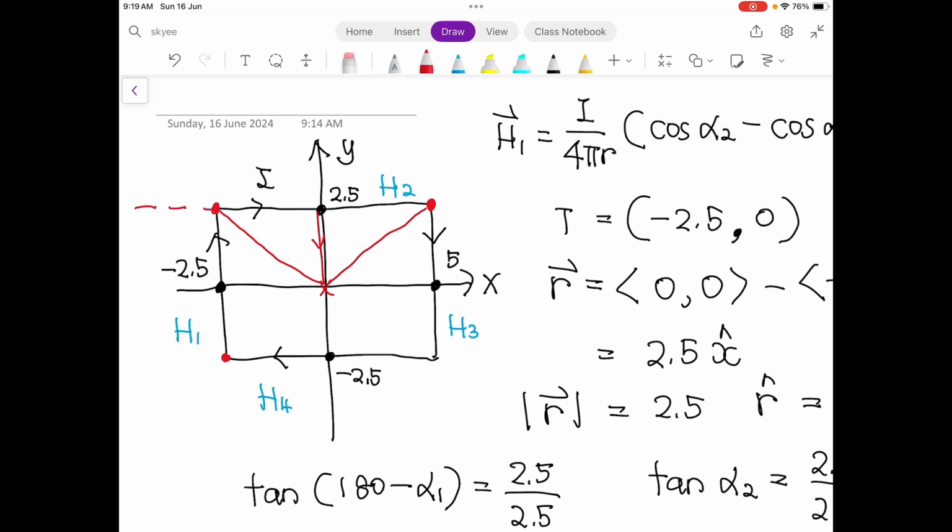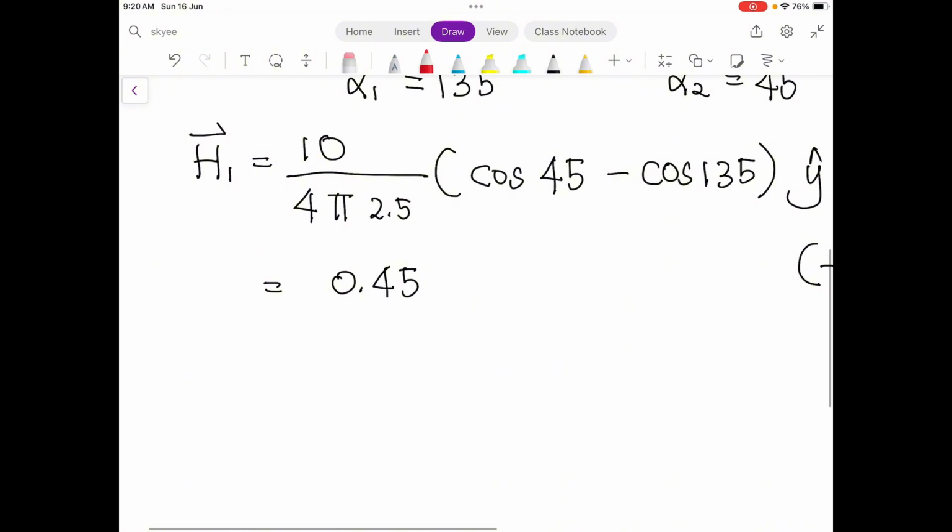This one will be alpha 1, and this one will be alpha 2. Everything is in the same directions except that the current is not in the same direction. The angles and dimensions are the same, 2.5, 2.5. So overall, for H2, the r is 2.5.